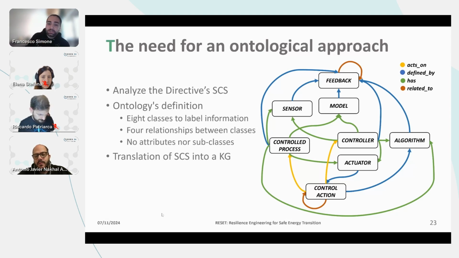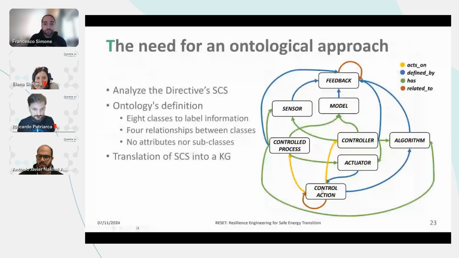So here in this slide, it is presented the ontology that we developed, that is meant, of course, to analyze a safety control structure, and it is made up of 8 classes. It has feedback and control action, that are the exchange of information by agents.